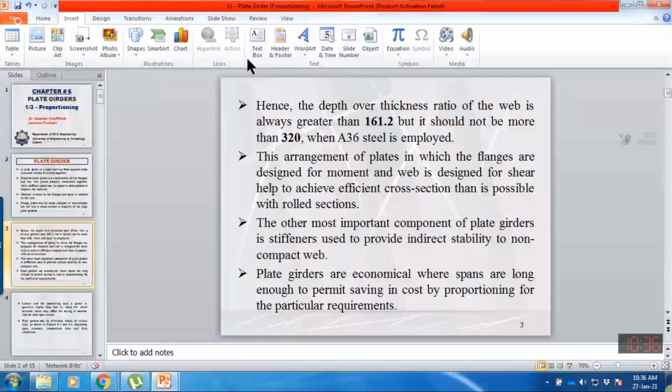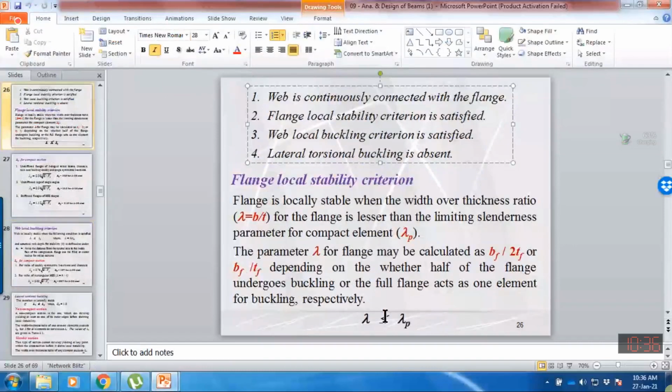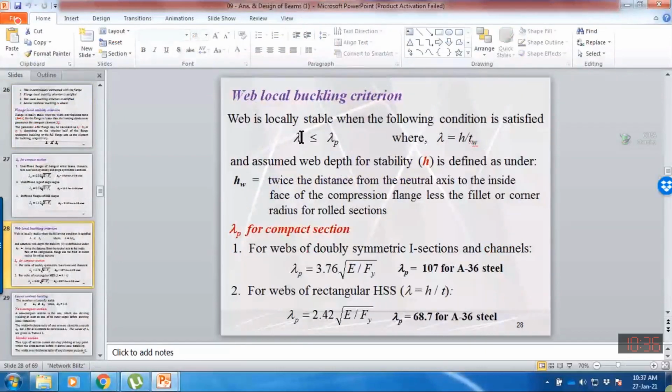For the web, in case of the hot rolled section, lambda w is less than lambda p of the web, which is 3.76 square root of E over Fy. So this value is lambda p. Similarly, we have a lambda r value for the web also, which is different, and I will show you in the LRFD reference.